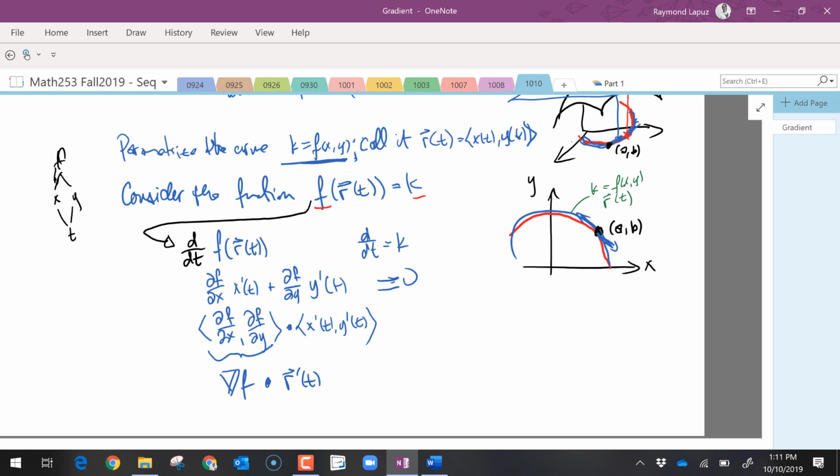It says a dot product is equal to 0. What happens when dot products are equal to 0? They're perpendicular. So the gradient must be perpendicular to the tangent vector. And if the gradient's perpendicular to the tangent vector, then the gradient must be perpendicular to the level curve.